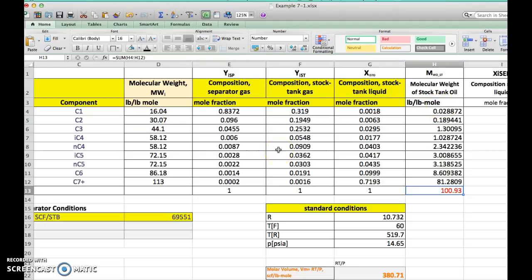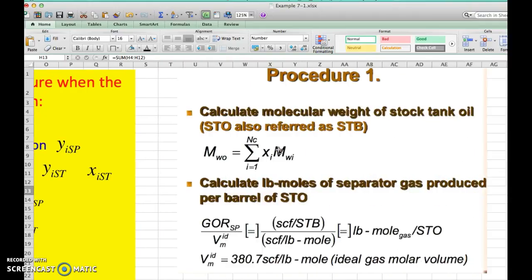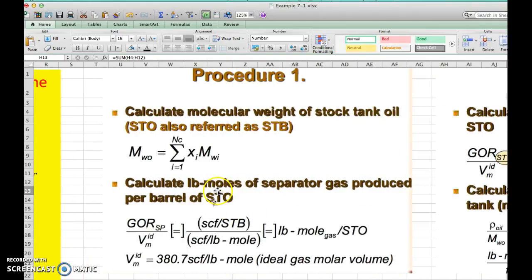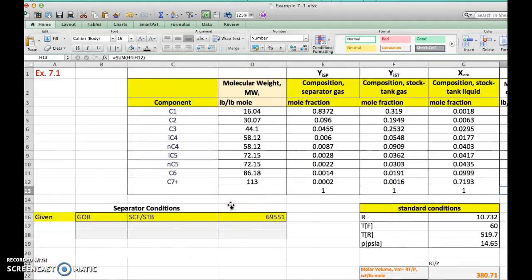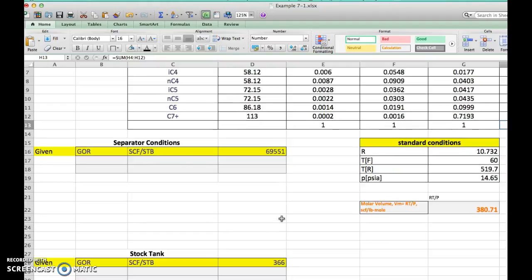The next step is to calculate the number of moles of separator gas produced per barrel of stock tank oil. If I have one stock tank barrel of oil, I will have 69,551 standard cubic feet. But I would like to convert this to pound moles.